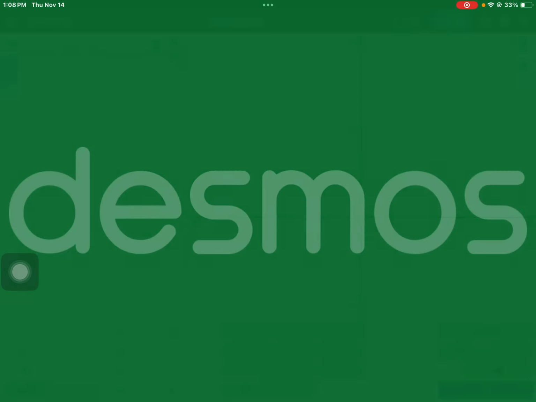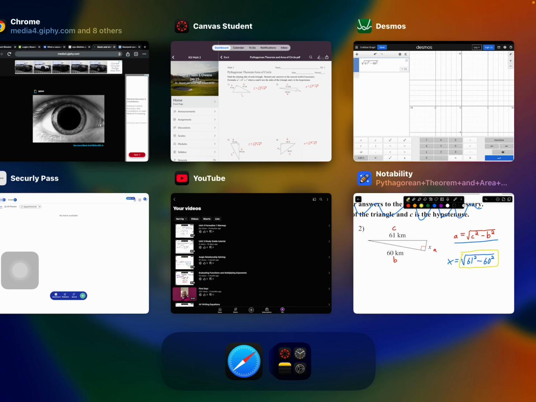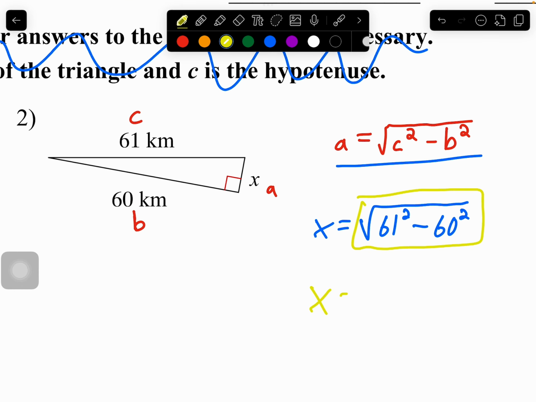Okay, so the square root button is down here. So do square root and then 61 squared. Just hit the squared button. Minus 60 squared. Whoops, that's B. So back to 60 squared. Oh, look at that, it's 11. So X equals 11.